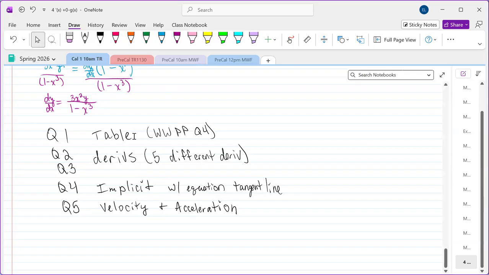Now the table question will have several parts, so there's like 3 different derivatives. All right, for Friday time? There is not. The practice problems are more than long enough.